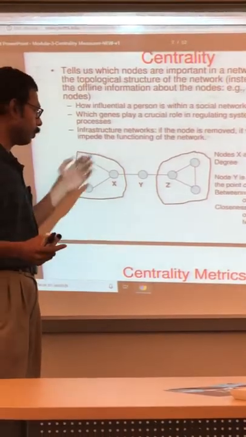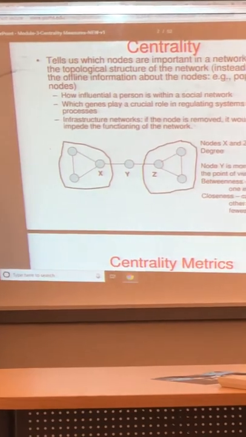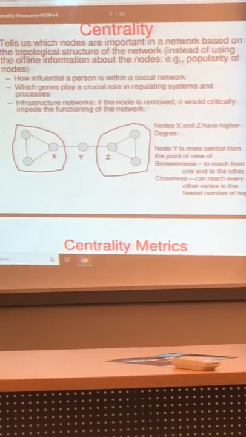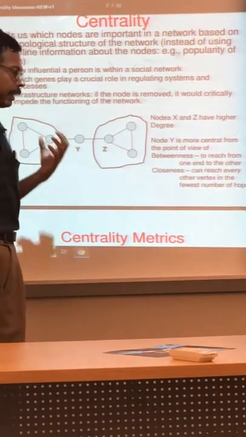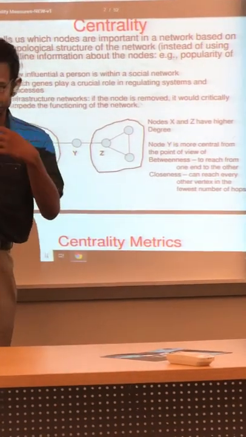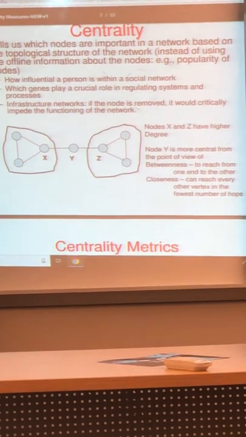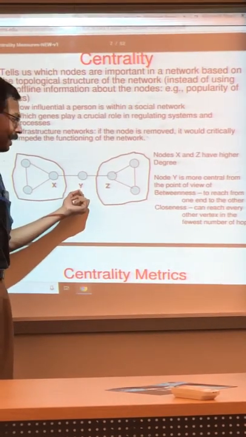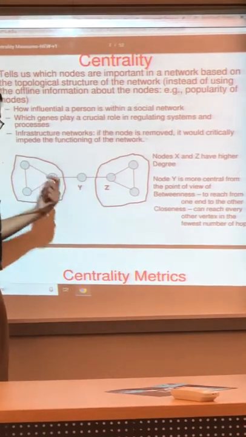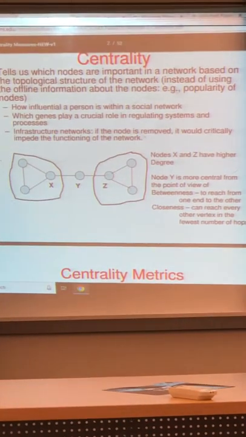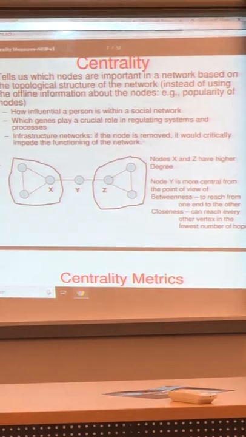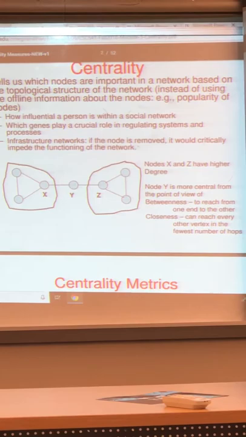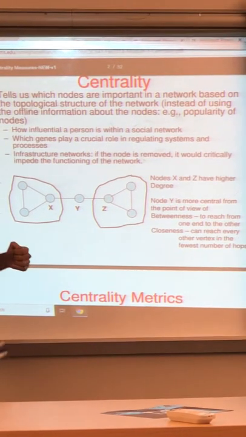Okay, so we don't want to go on a roundabout path or a longer path. So betweenness captures the importance of a vertex with respect to its presence in the shortest path between any 2 vertices. In that case, Y is actually more important than X and Z. So it depends on what aspect you're considering: just the number of neighbors and their neighbors, or this shortest path based communication.